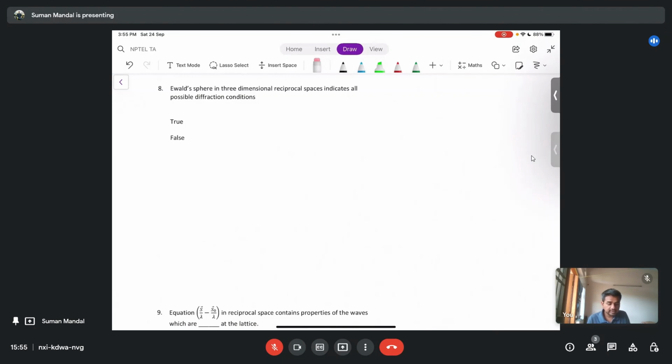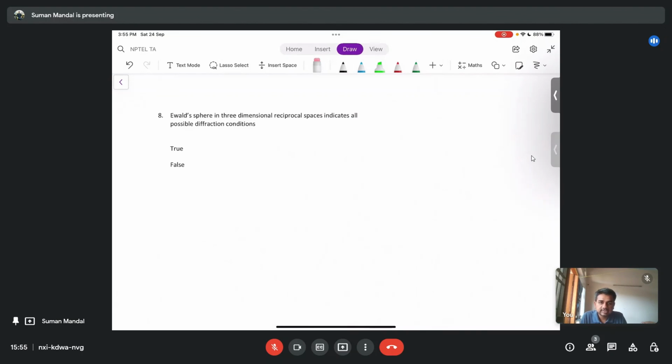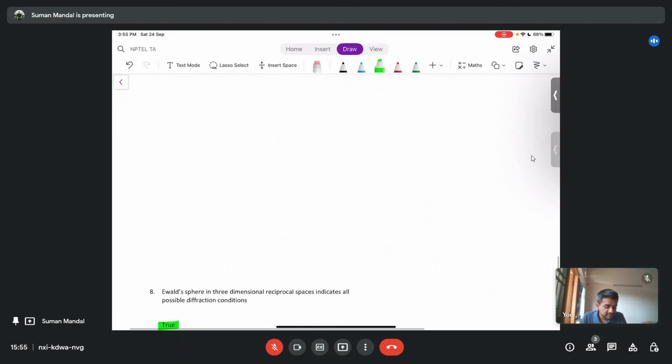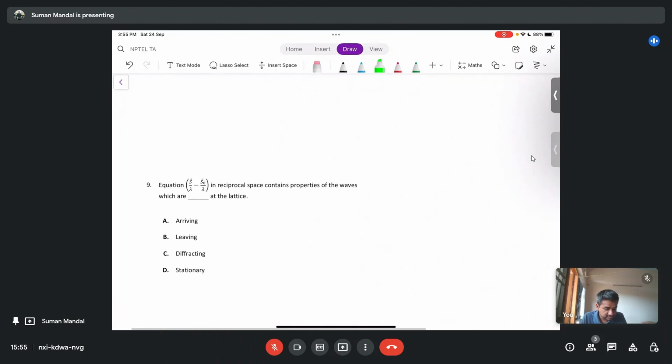So we have another question on the Ewald sphere. The Ewald sphere in three-dimensional reciprocal space indicates all possible diffraction conditions. True. We discussed here that wherever the Ewald sphere intersects a point, we will see diffraction happening in those conditions.